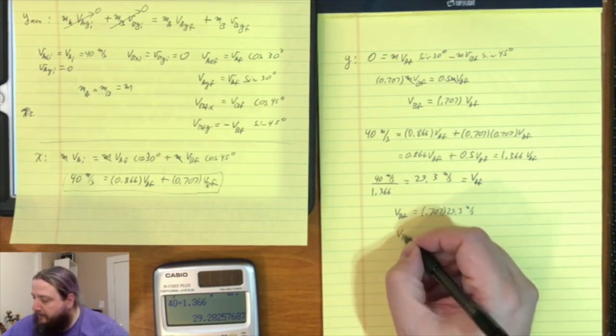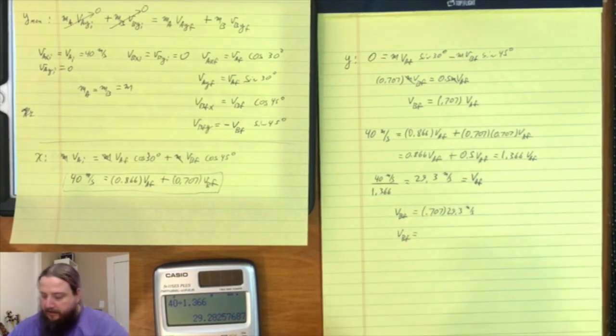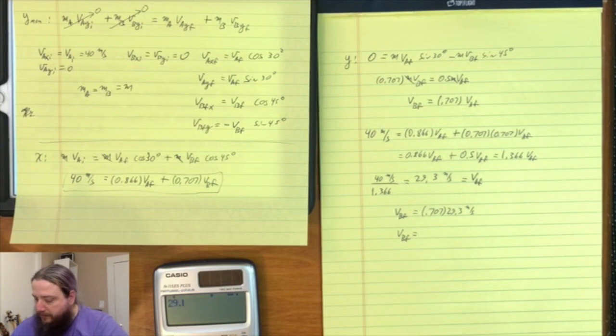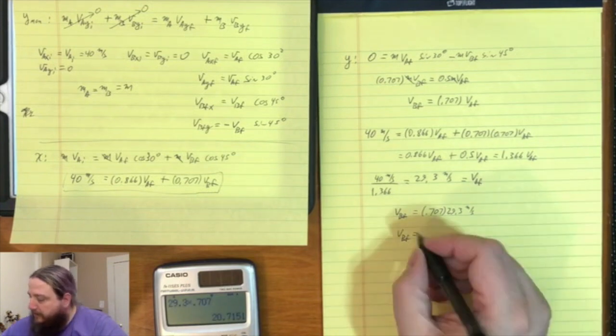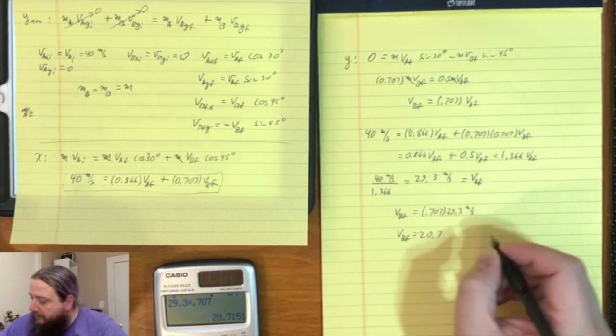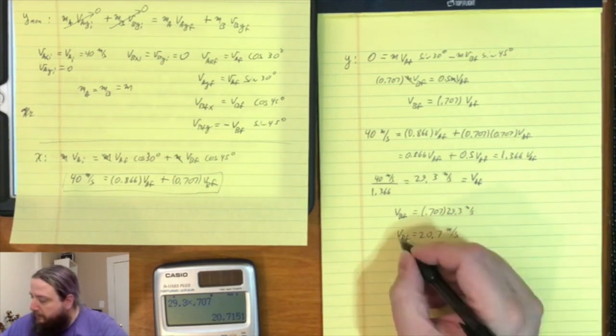So our velocity B is 29.3 times 0.707, 20.7 meters per second.